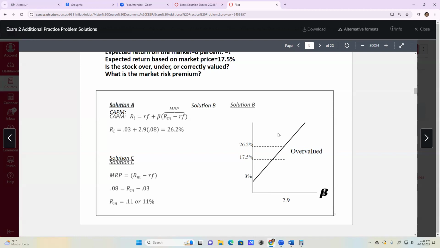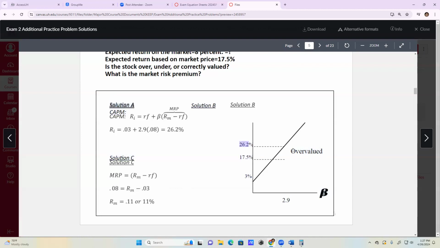What does it mean by below the line? Every return that you put into the CAPM, in this case 26.2, that value is going to be on the line. Every return you get from the CAPM will be on this slanted line right here. All the returns they tell you to find will be points above or below this 26.2.